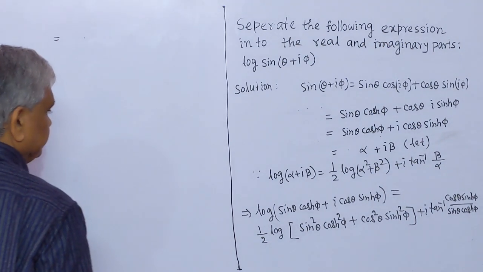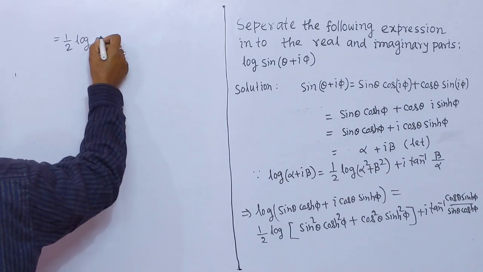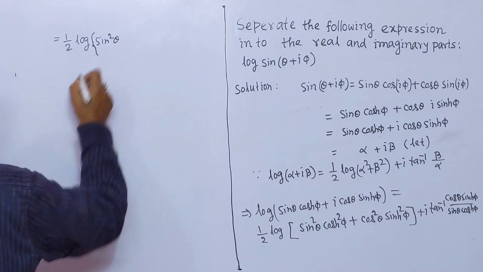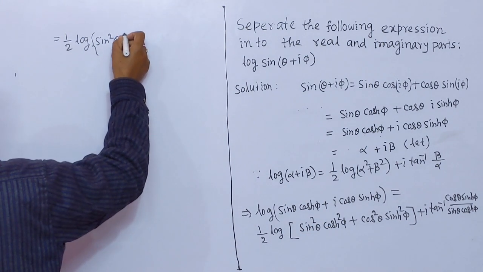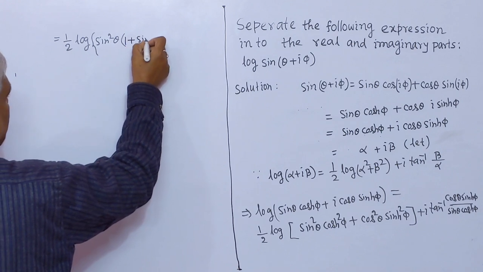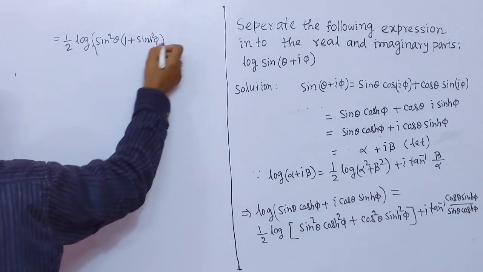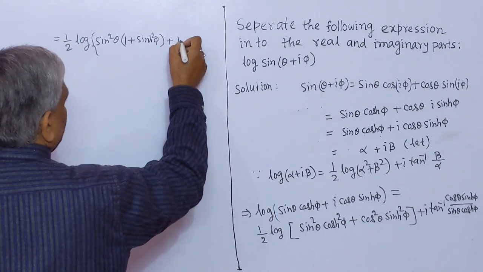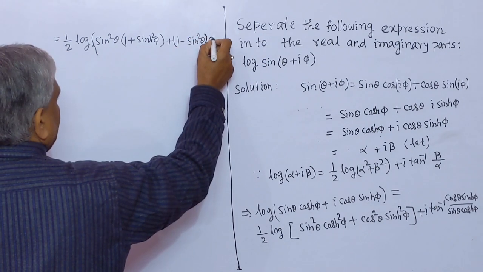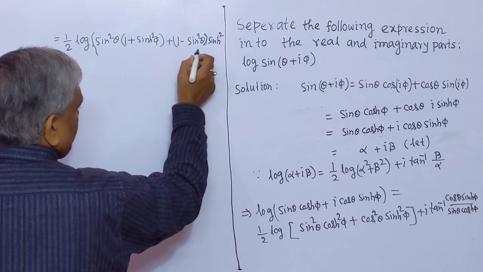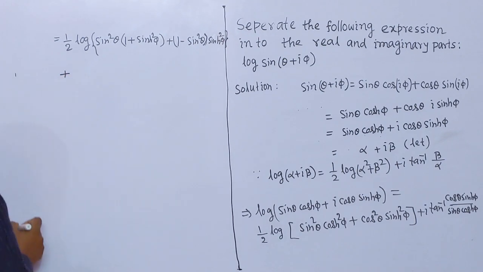This is equal to half log sin square theta cos square hyperbolic phi is 1 plus sin hyperbolic square phi plus cos square theta is 1 minus sin square theta sin hyperbolic square phi, plus tan inverse.